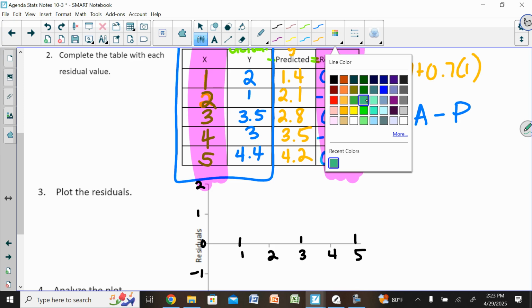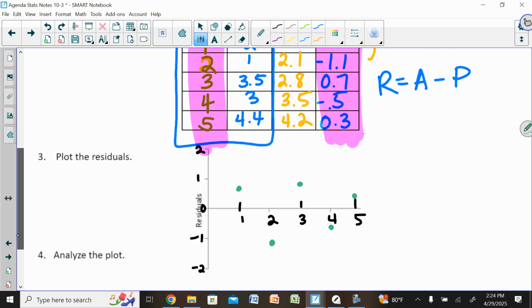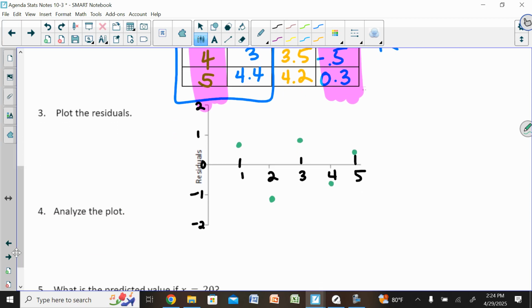So over 1, up 0.6. For 2, my residual value is a -1.1. For 3, my residual value is 0.7. 4, I've got a -0.5. And 5, I've got a 0.3. All right, so here is my residual plot.